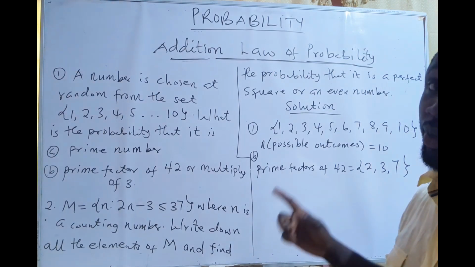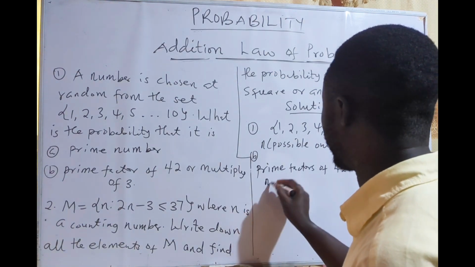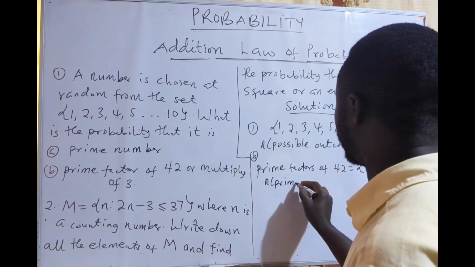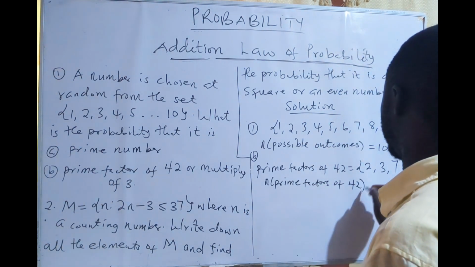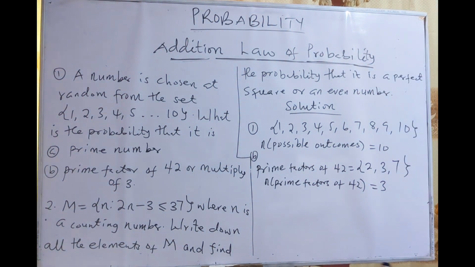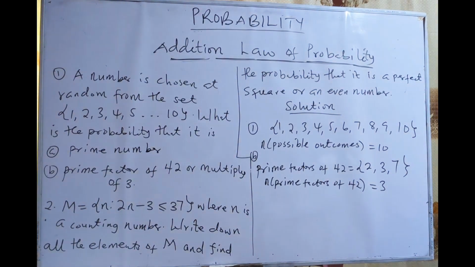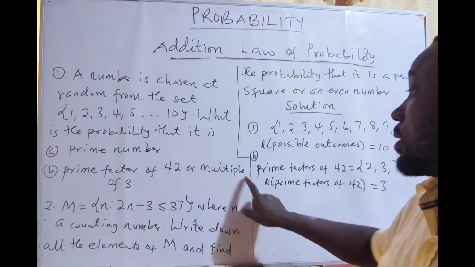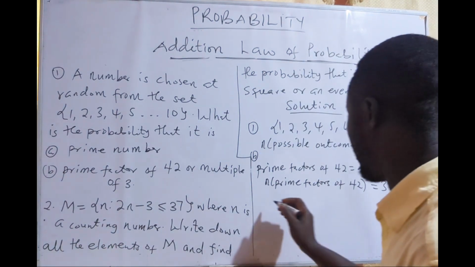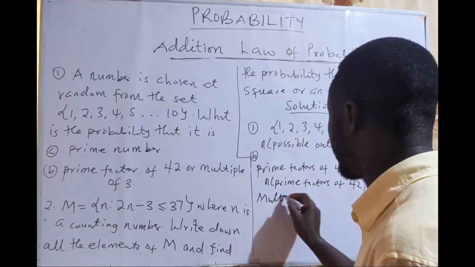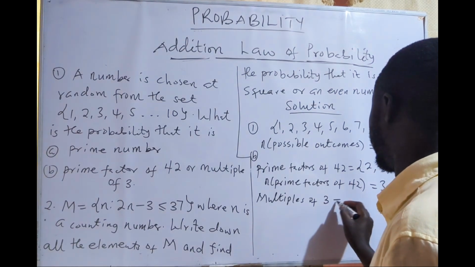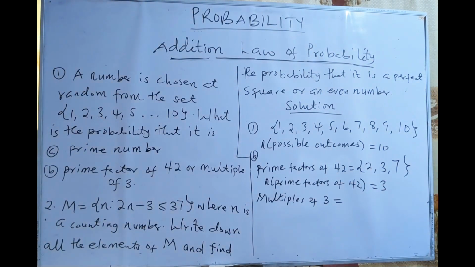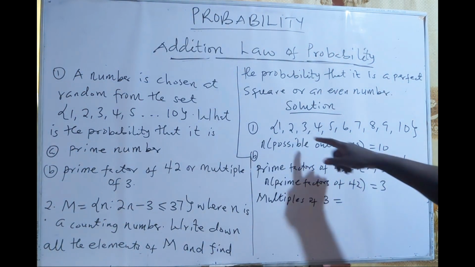Then, since we are doing probability, let me talk about the number of prime factors. We will come to that. So that is giving us 3: 1, 2, 3. Then we also come to multiples of 3. So we are going to list multiples of 3 within the set given.